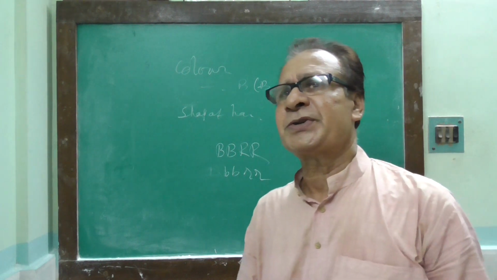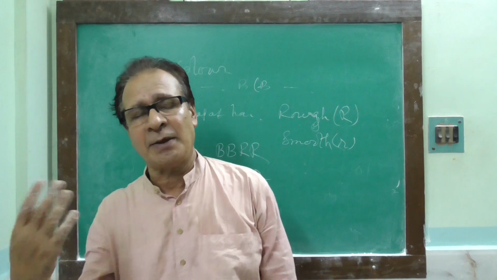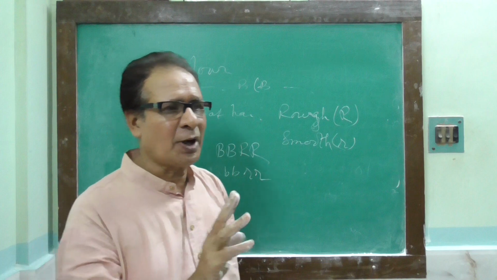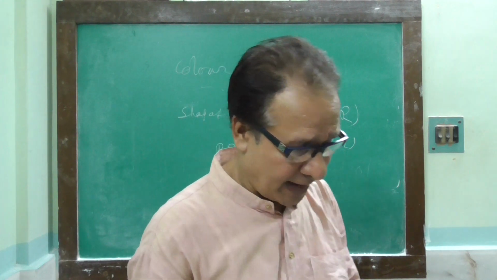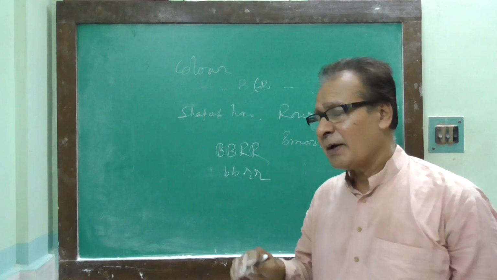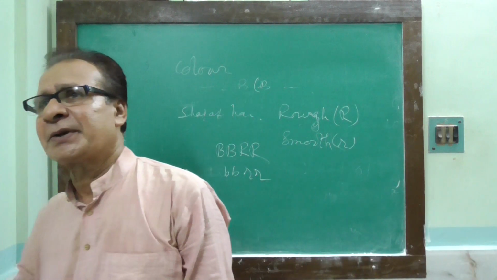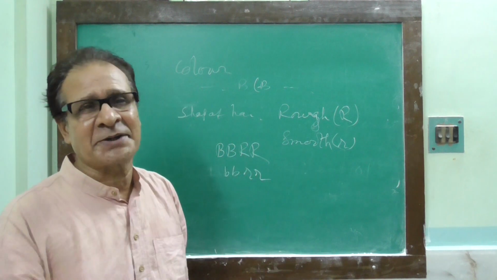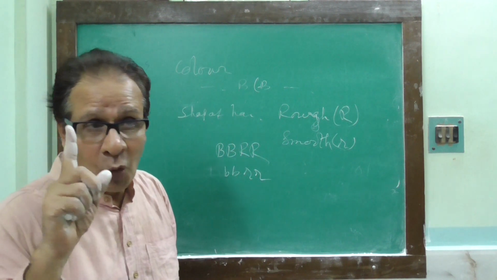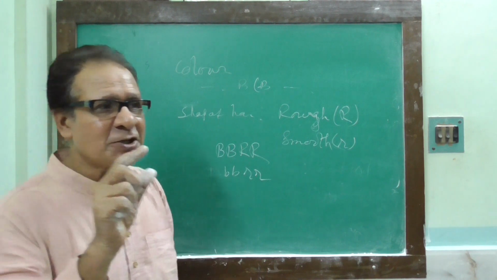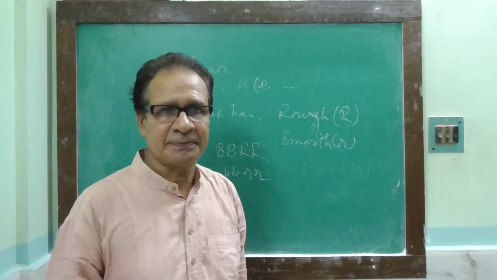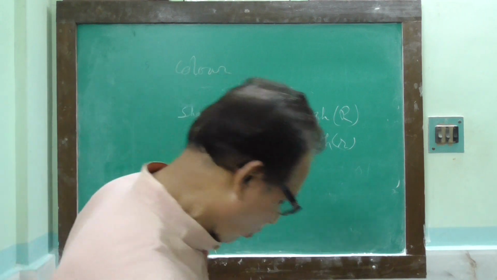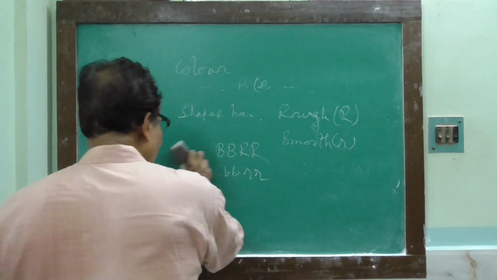From his experiments, both monohybrid and dihybrid crosses, Mendel concluded the following. Number one, different characters or traits are controlled by factors, and each factor carries the code of a trait, and these factors remain in pairs, and these pairs may be homozygous or heterozygous.